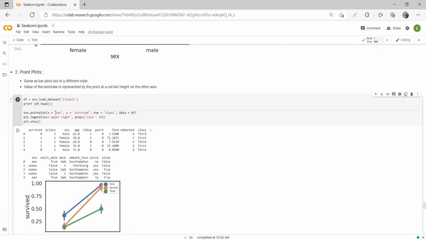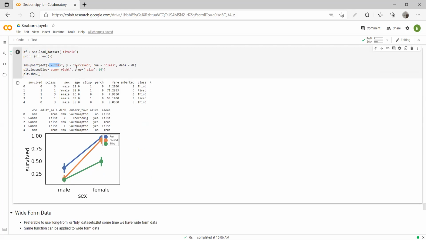We are plotting an x-axis that is for gender, male, female, and the y-axis is for survived. Hue is for the class, and df is the data frame that is coming.